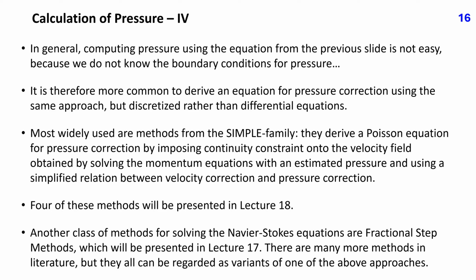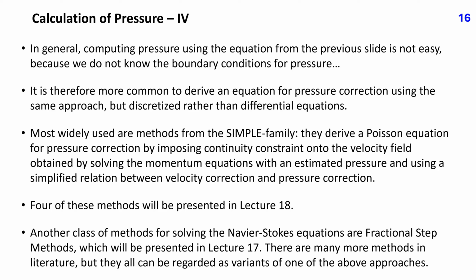In general, computing pressure using the equation from the previous slide is not easy because we do not know the boundary conditions for pressure. This is why that equation is seldom used in CFD. It is more common to derive an equation for pressure correction using the same approach but with discretized rather than differential equations.